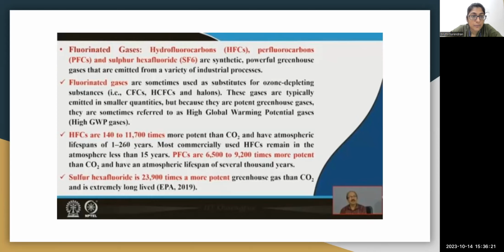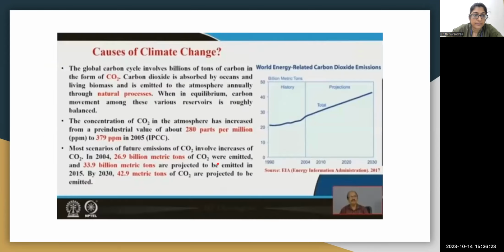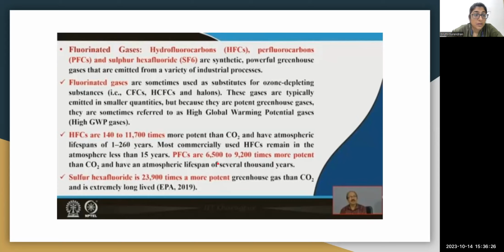And it is said that fluorinated gases like hydrofluorocarbons are 140 to 11,700 times more potent than carbon dioxide. It means 1 ton of HFC is equal to 11,700 times carbon dioxide.